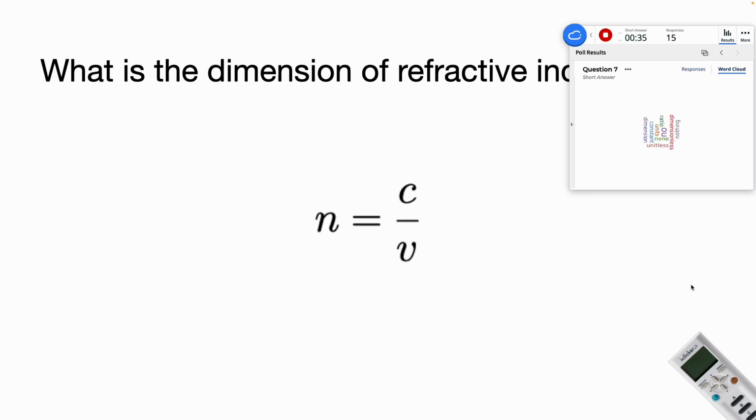Good, it is dimensionless. Just like a phase is a number. Pi, 2 pi, just a number. You don't need to specify a unit. Or you can specify radians, but we all know we use radians. Refractive index doesn't have a unit, it's a ratio. So you just give a number, and that saves a lot of chalk. It's always the same no matter which unit system you use. Okay?